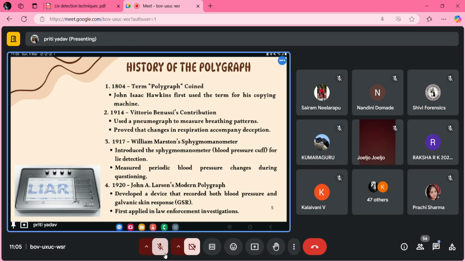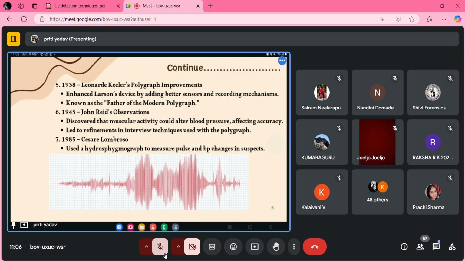Later, Dr. Larson developed the galvanic skin response, which measures the perspiration rate. Leonard Keeler is also known as the father of the modern polygraph. He made major improvements and a reliable polygraph technique. Earlier, Cesare Lombroso employed a scientific instrument to detect BP and pulse when suspects were questioned about their involvement in crime.